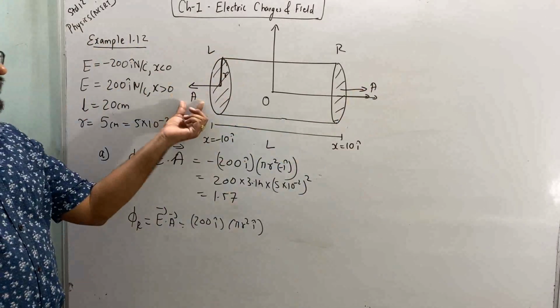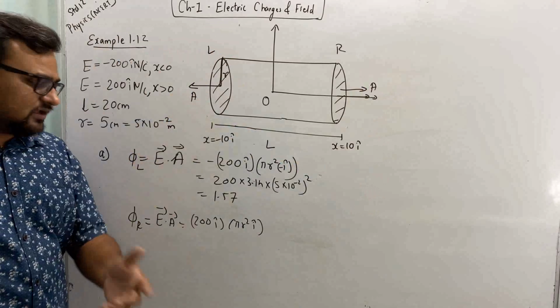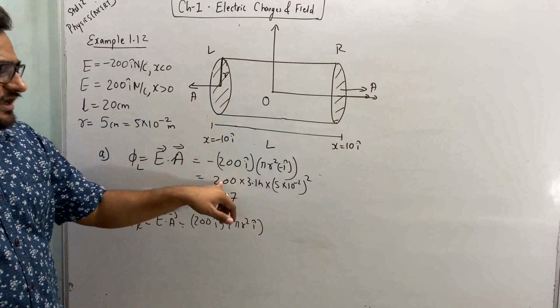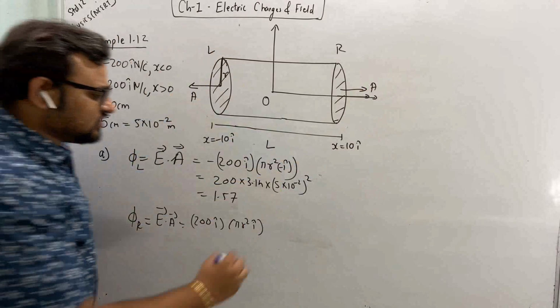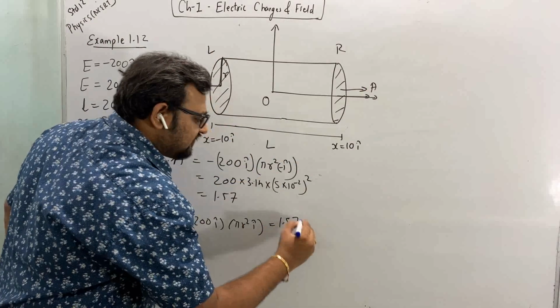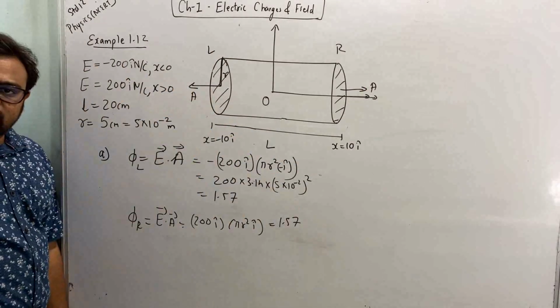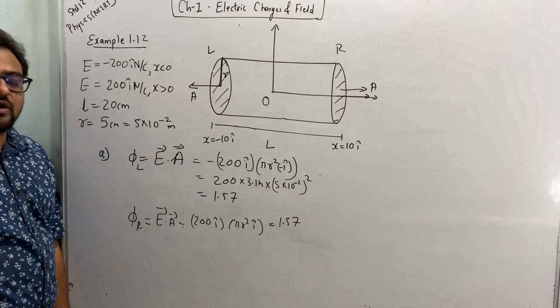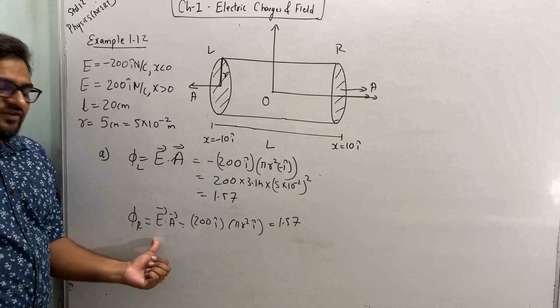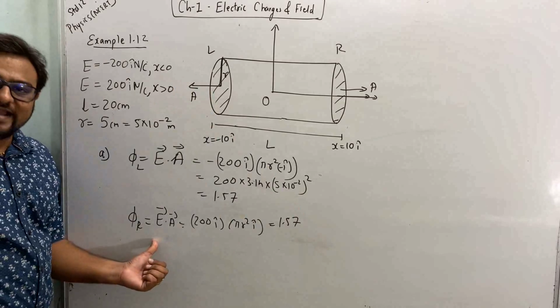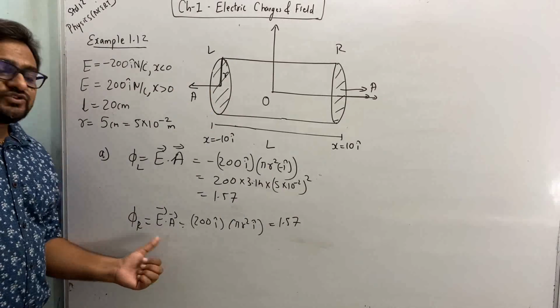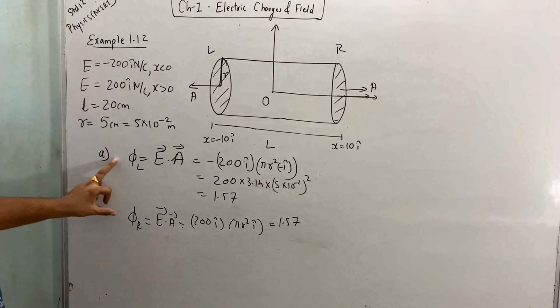You can also use the symbol delta S or S instead of A. So 200 into pi r square again, same, and it's plus, so this will also be 1.57 Newton meter square per coulomb. So this is the flux on the right side. Clear? This was question A.